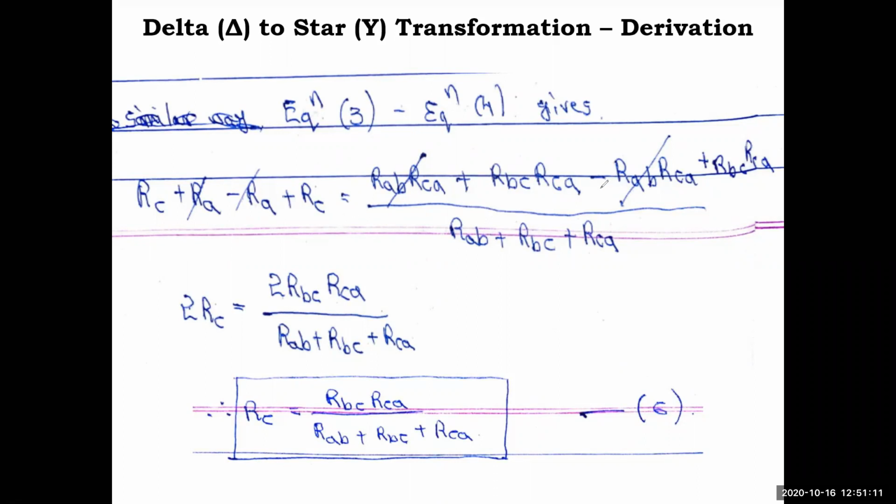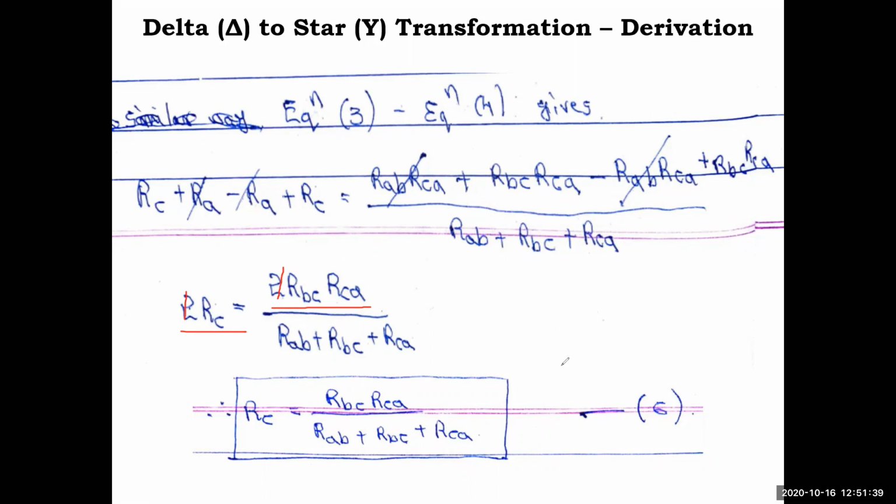Here the first term will come minus, and the minus term will become plus. Because of the cancelling, the term RAB RCA, which was there earlier, is now getting cancelled. So you get RBC RCA, RBC RCA. So two terms are there, 2 RBC RCA, and here you will get 2 RC. So straight away, 2 cancels out. So RC is equal to RBC RCA by RAB plus RBC plus RCA.